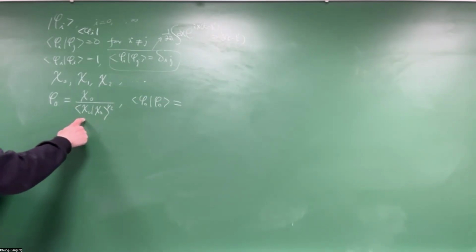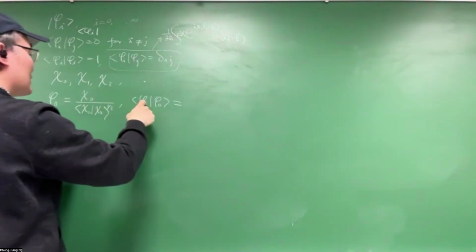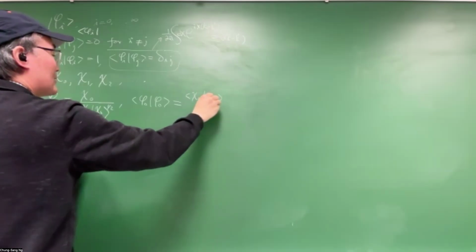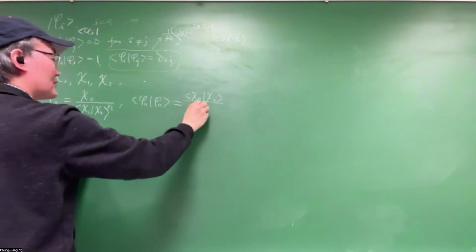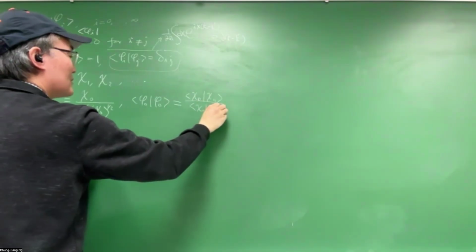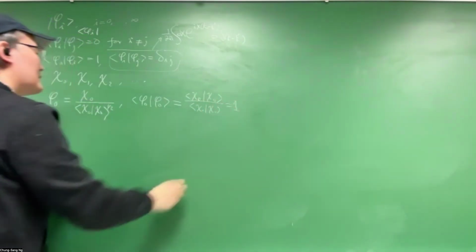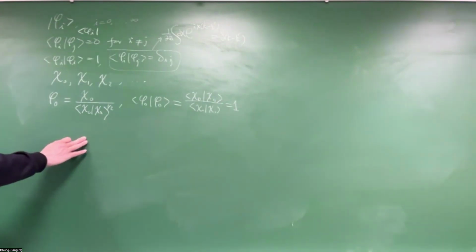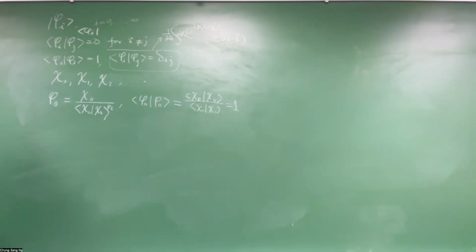The numerator is just chi 0, chi 0, and the denominator is the square of that, so it's chi 0, chi 0. The result is 1. Okay, so that's trivial. Now you define the next one in 2 steps.